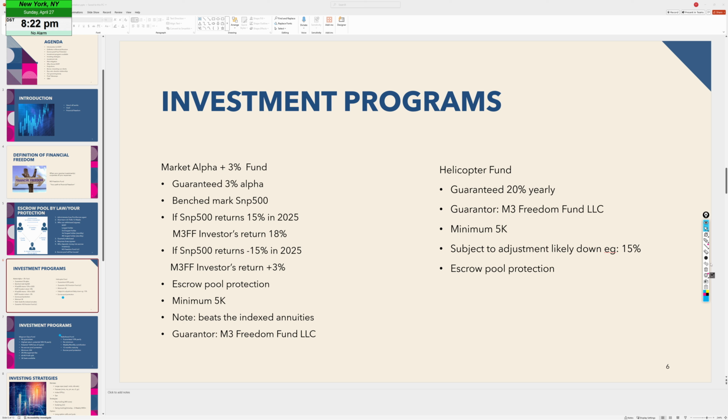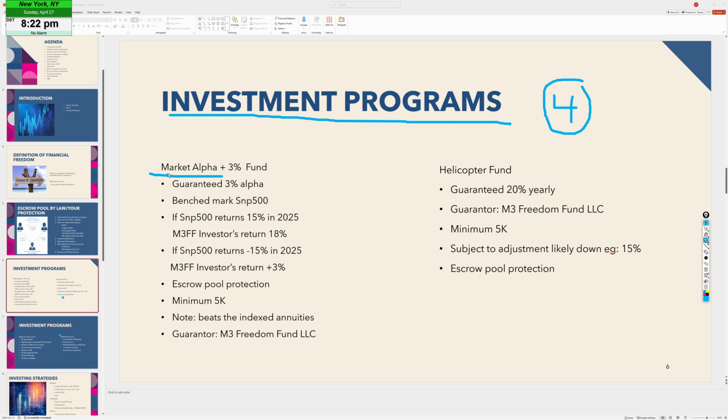Number one, so these are the different investment programs. We actually have four. Each of these four investments has different risk and return, basically.